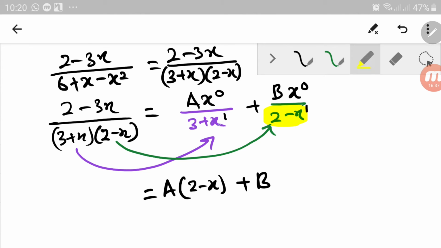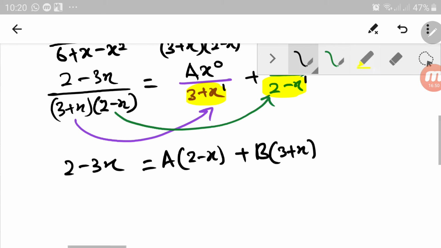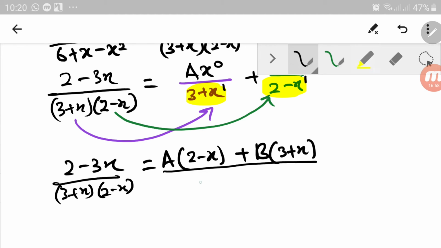So what B doesn't have is 3 plus x. So 3 plus x. Correct. And then we have 2 minus 3x over 3 plus x, 2 minus x.